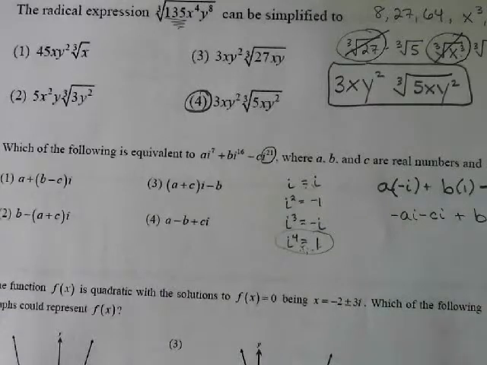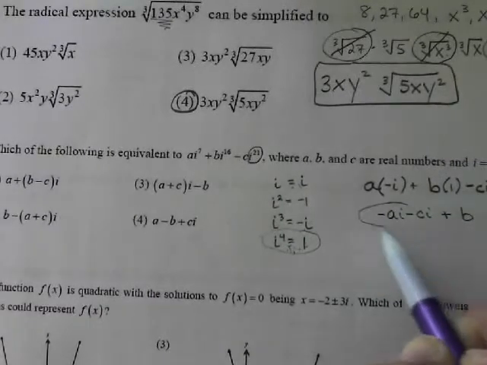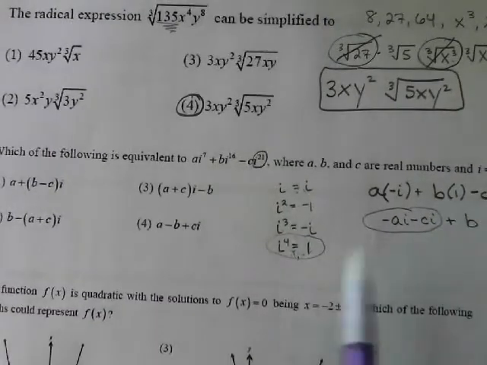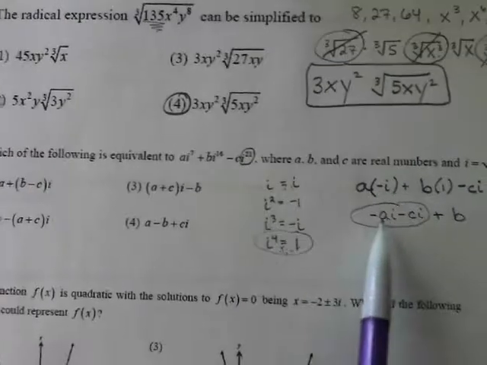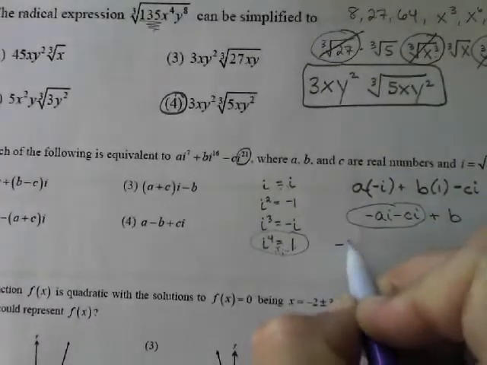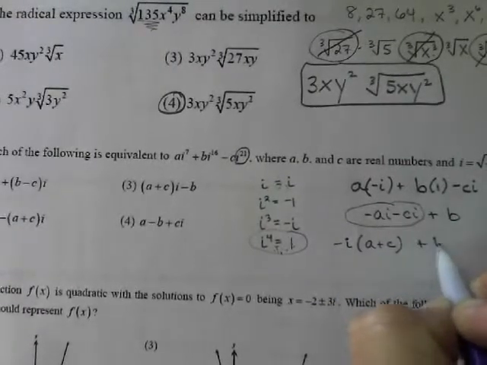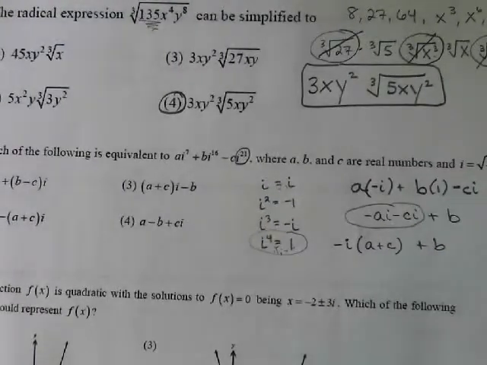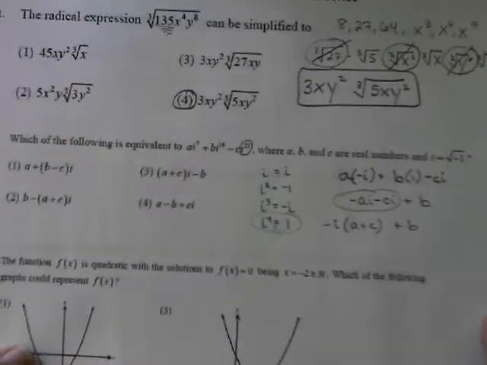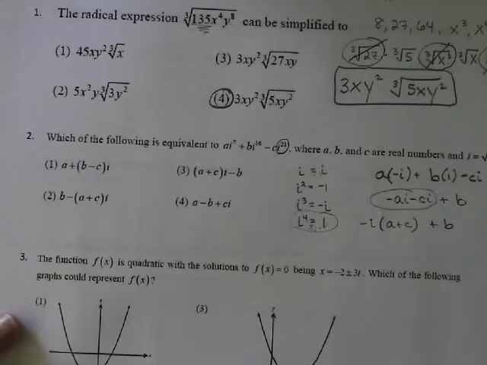Right, they factored out the i. So if I take the i out of this, and they probably would take out a -i since it's leading with a negative term. So -i, and that'll make it A plus C, and then plus the B at the end. So it's not exactly the way they have it written, but which one is it?